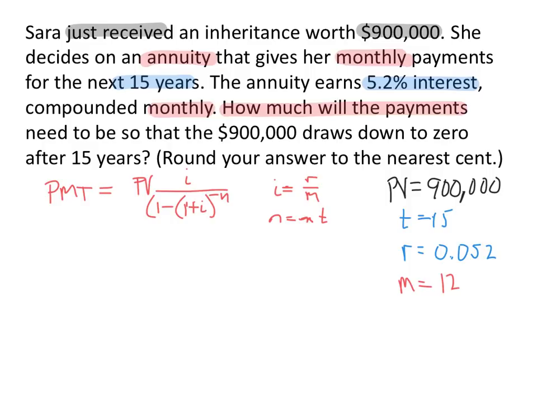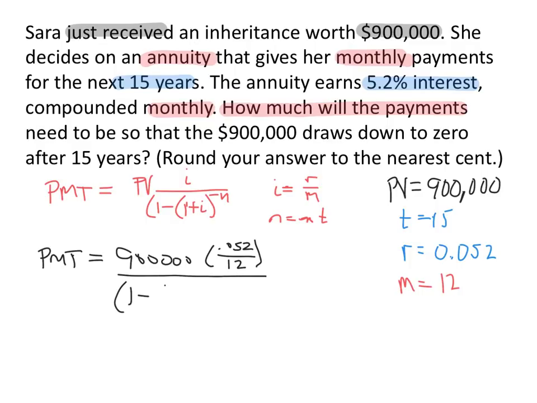When I substitute everything in, my payment is equal to 900,000 times 0.052 over 12 divided by 1 minus parentheses 1 plus 0.052 over 12 to the power of negative 12 times 15.